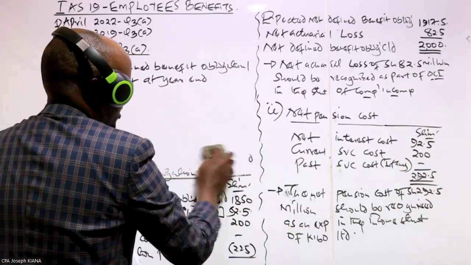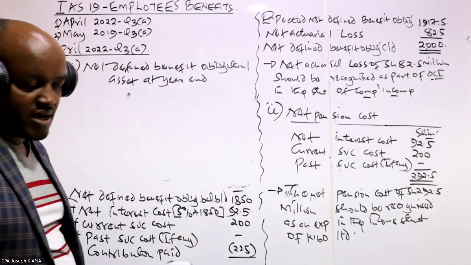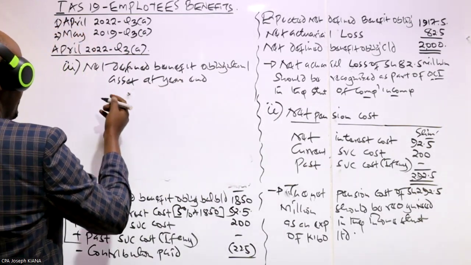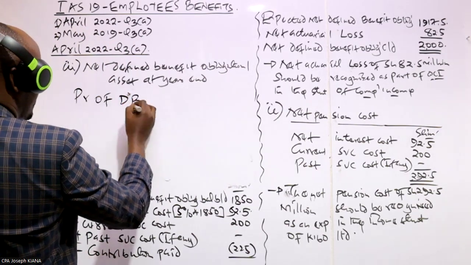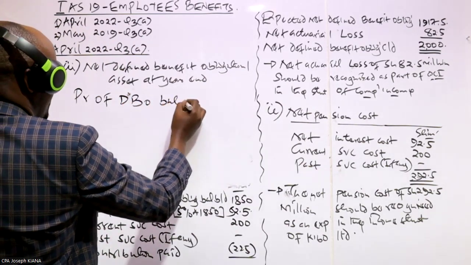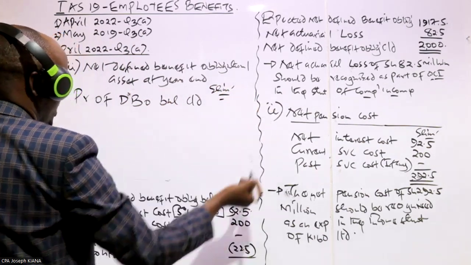In our case, this figure is already computed for us, but in case it has not been computed, we always take the present value of the defined benefit obligation, balance carried down, at the end of the year, which we don't have here.